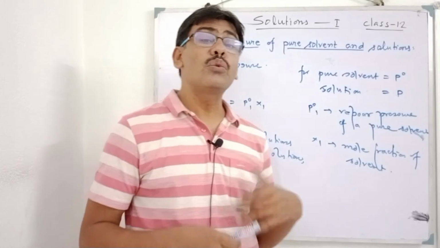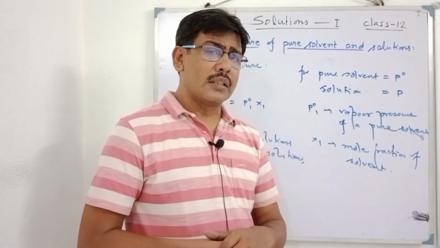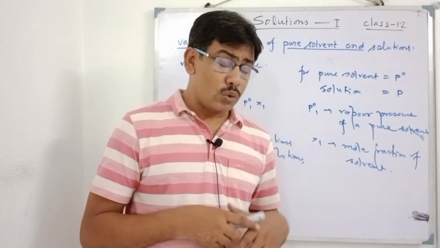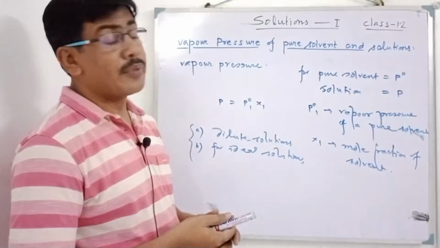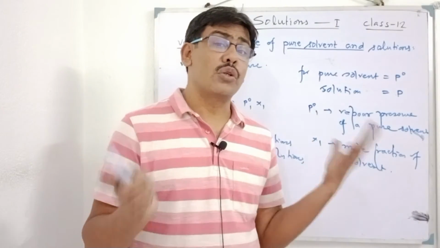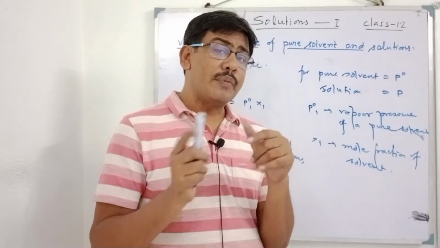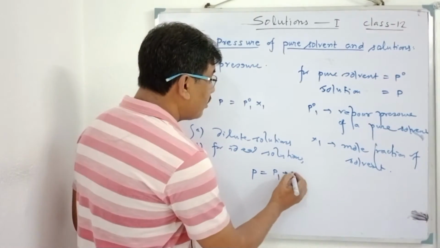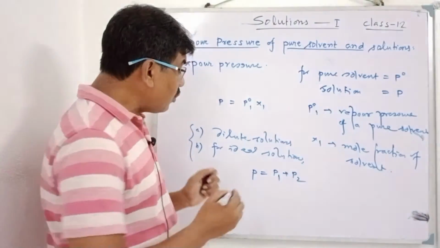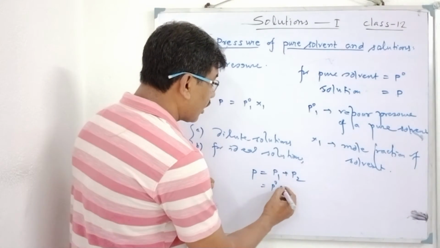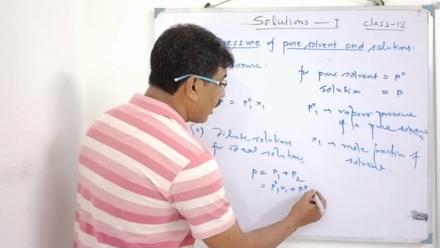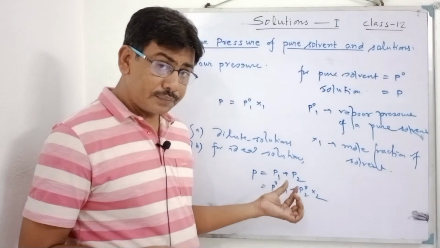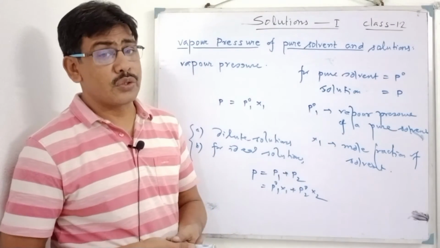This is about the solid solute in liquid. But if you add a liquid in a liquid, that is, the solution is formed by two volatile liquids, then the vapor pressure of the solution, P, is equal to P1 plus P2. And P1 is equal to P naught 1 x1, P2 is P naught 2 x2. P naught 1 is the vapor pressure of the pure solvent, and x1 is the mole fraction of the solvent.